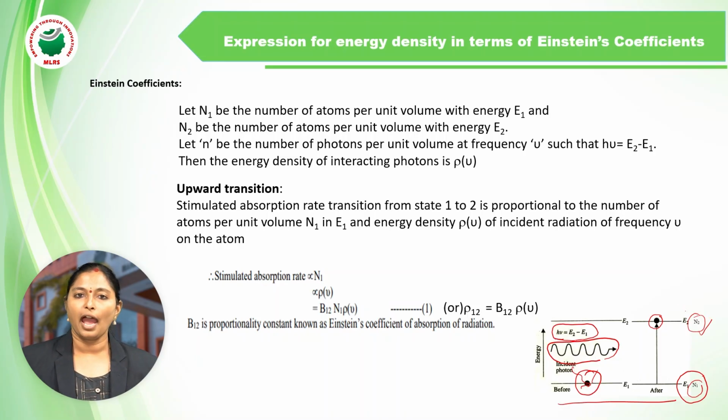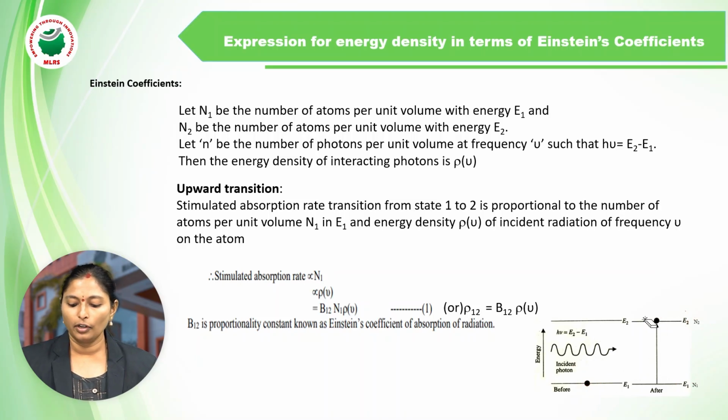For these three processes, we have two main transitions: upward transition and downward transition. The absorption process is involved in the upward transition, where the atom moves from the ground state to the excited state.